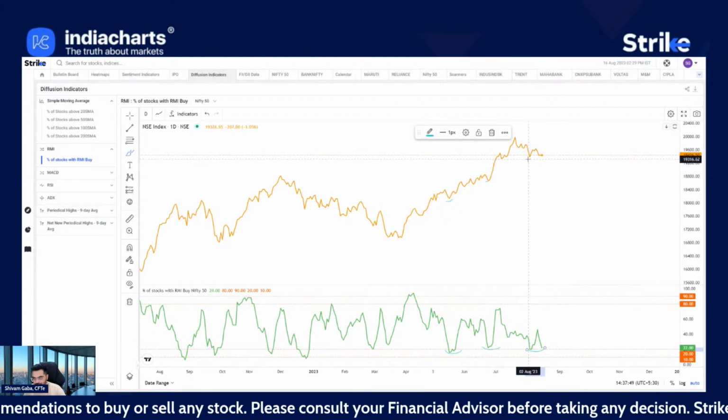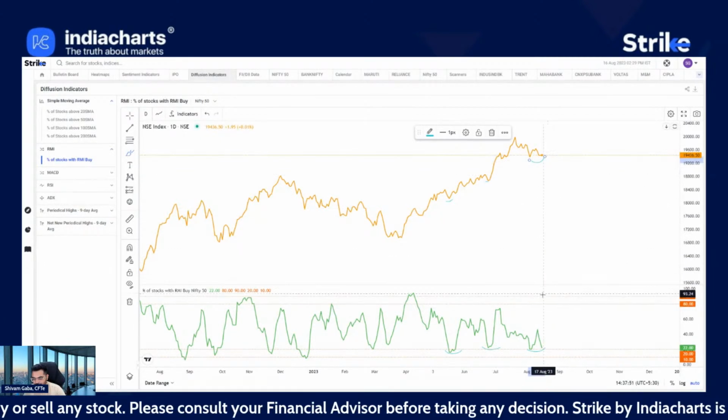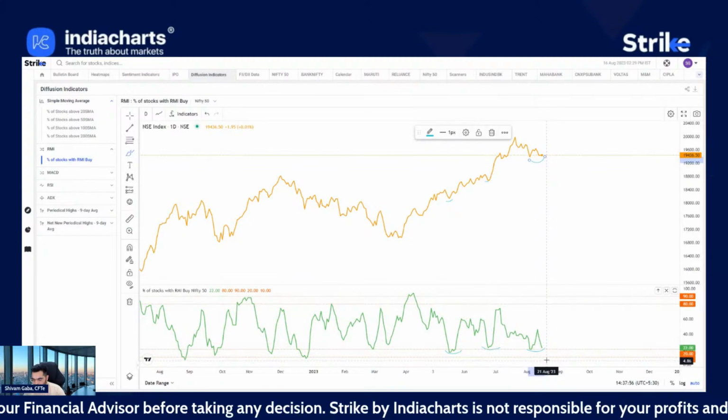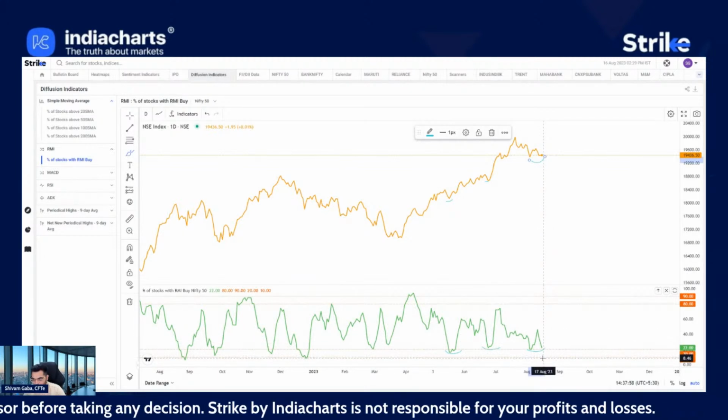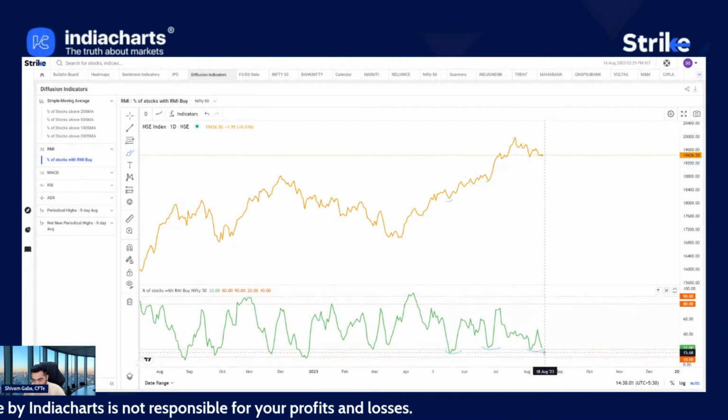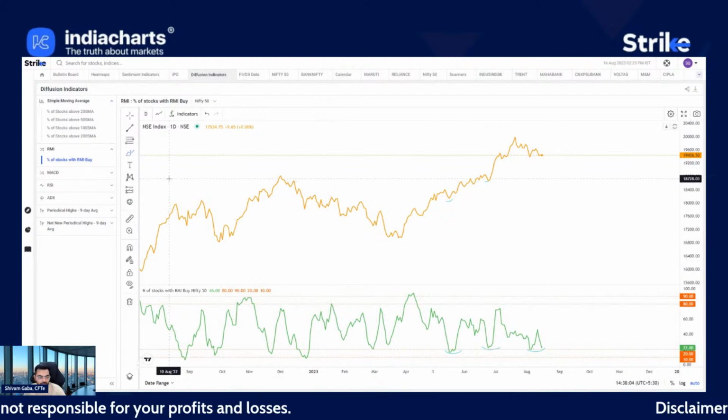So this is a good zone for it to reverse. If it doesn't, then we need to wait and watch for it to fall further to the 10 mark and then reverse. So we're already in the lower territory for this particular indicator.